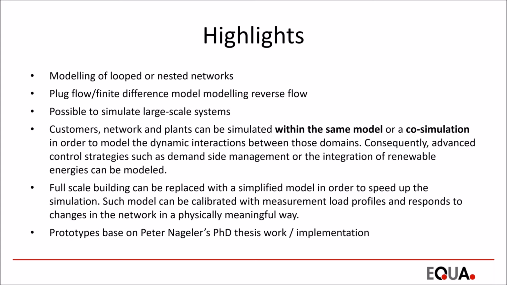That's one of the key components to be able to model looped and nested networks. And it scales very well with hundreds or even thousands of customers in the loop.